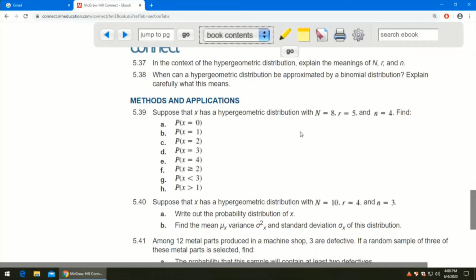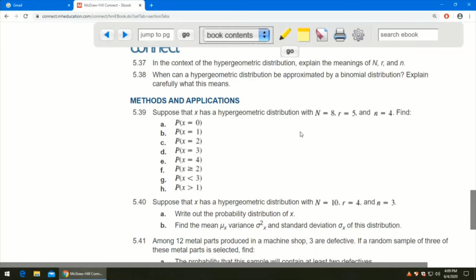Now how are you supposed to solve this for x equal to 0? Like I said, I've written this, but you should already consider the concept I previously gave you. If your drawings, your selections, are 4 but your successes are 5, then we can have 8 minus 5 as 3.